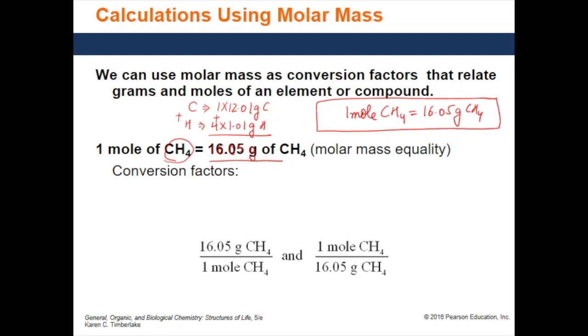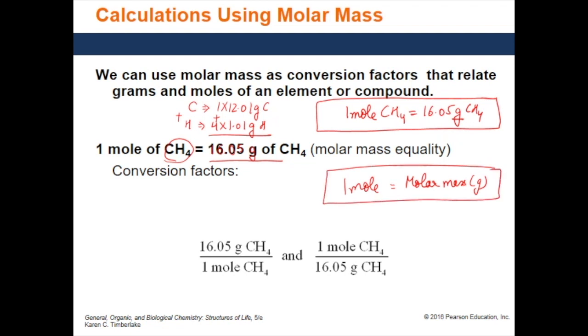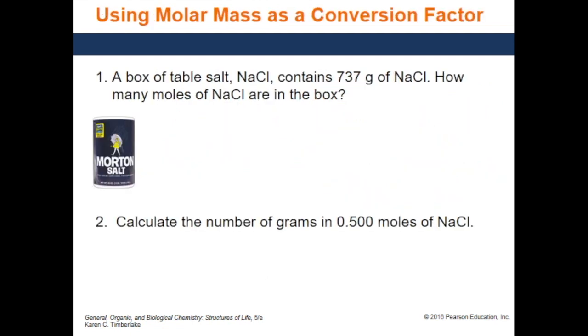Now you can use this conversion factor as needed. This is a conversion factor to go between moles and grams of a compound. Again, between moles and grams, it's always 1 mole of any substance is equal to the molar mass of that substance in grams. This could be a compound, an element, or an atom. What kind of questions could you see? Something like this. A box of table salt, NaCl, contains 737 grams of NaCl.